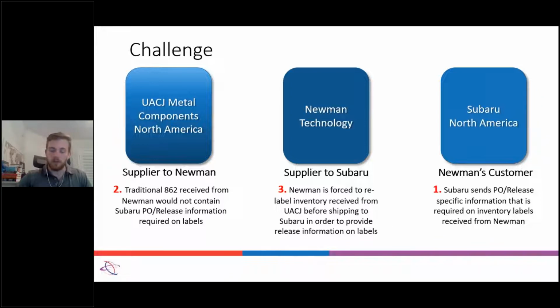And there were often challenges in meeting the one-day ship sequence dates and requirements just because of that manual process. So ultimately, Newman was being forced to receive the inventory in but relabel it. The label format UACJ was printing followed Subaru's labeling requirements, but they were forced to reprint it so that the release-specific information, housed only in Newman at this point, would print on those labels.